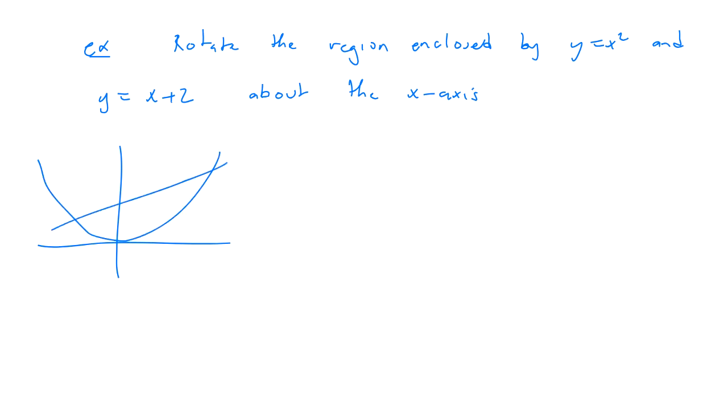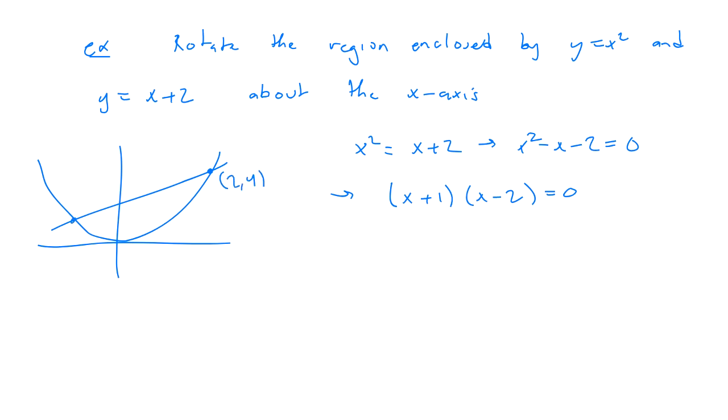So we have y equals x squared and y equals x plus 2. As I said here, I might make you do the little algebra to see when it's true. So I get x squared minus x minus 2. So therefore, the solutions are at -1 and 2.